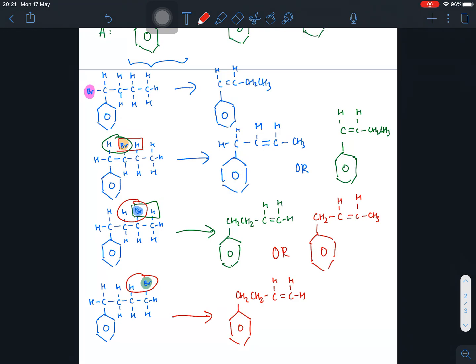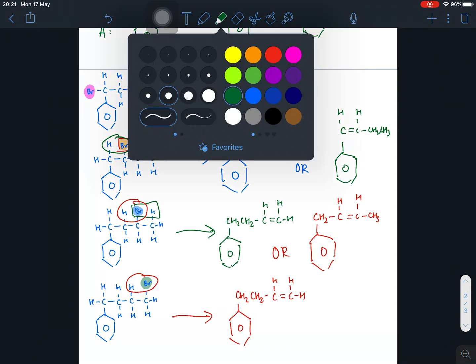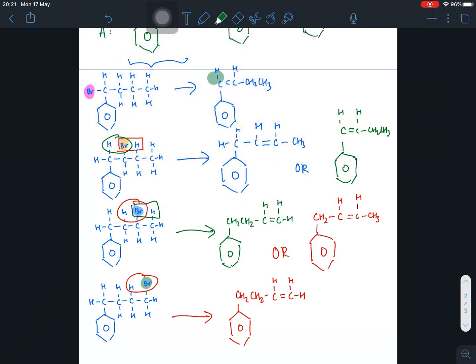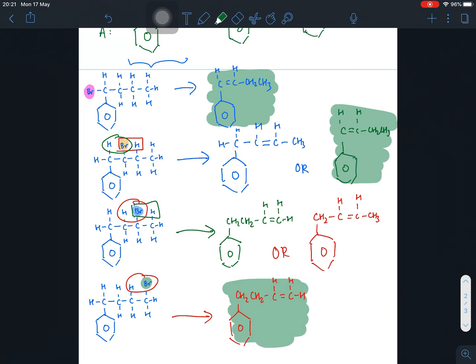And if you were to look at this, there is one possibility over here, which is this. Okay, these two are exactly the same as you can see. And let's look out for anything else that are the same. Okay, there's another 2 that looks the same as well over here.